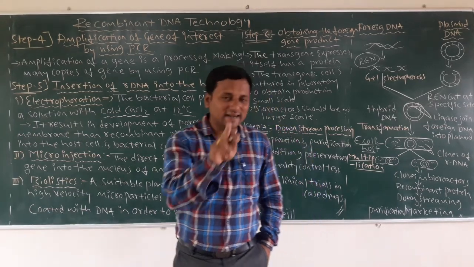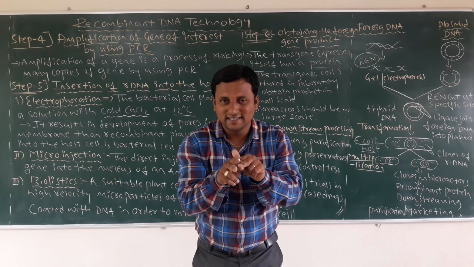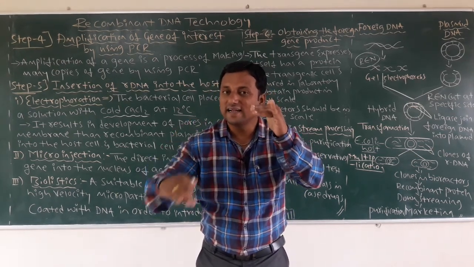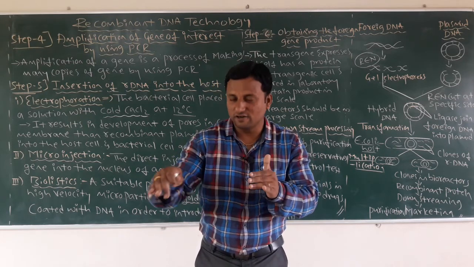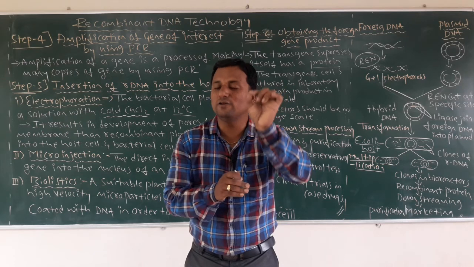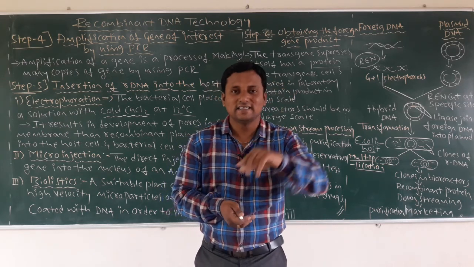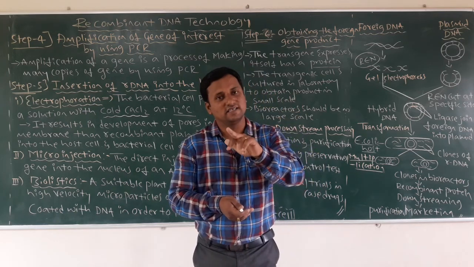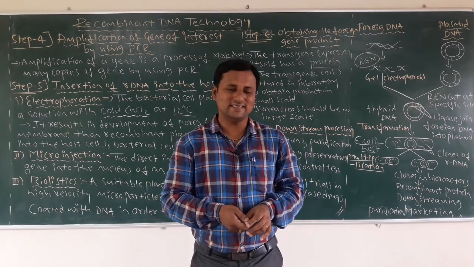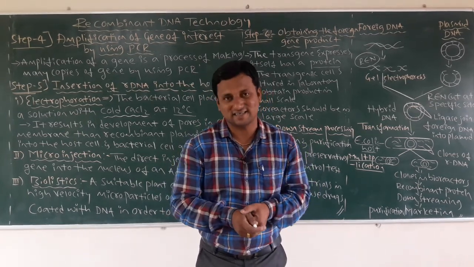When you add the agarose gel in the gel electrophoresis plate, the smaller fragments move towards the positive anode, and the larger ones stay near the negative cathode. Like that, we separate the smaller and larger fragments by using the gel electrophoresis technique. These 3 steps we already discussed in the last class.